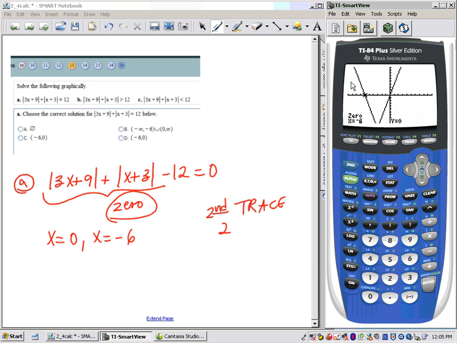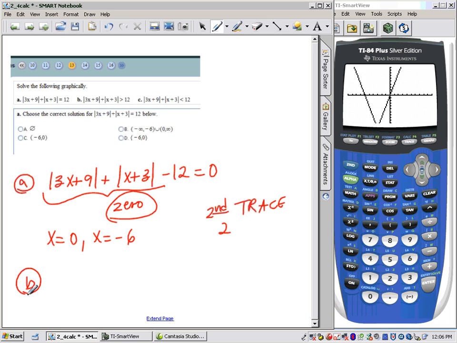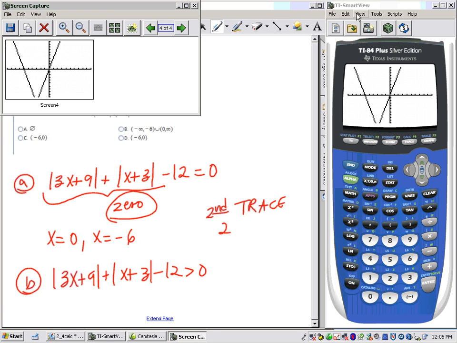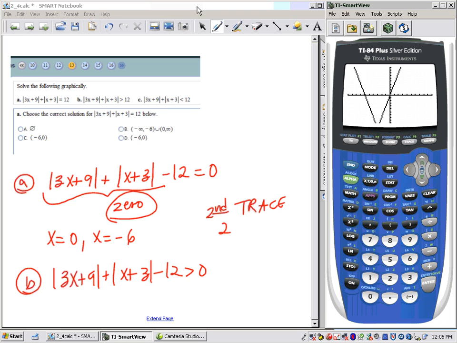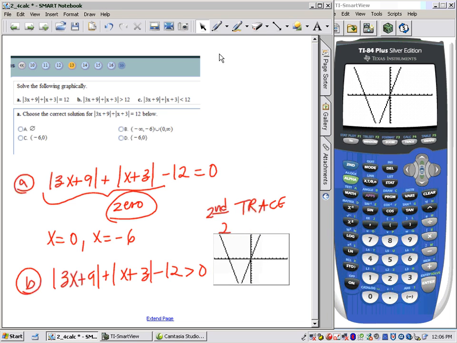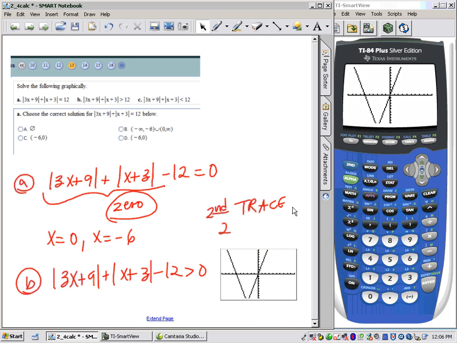Now, we can use this graph to find out the solutions to the other part, right? If I'm now, instead of saying where it's equal to 0, but now say where it's greater than 0 in part B, so where that whole expression is greater than 0, well, where is it greater than 0?